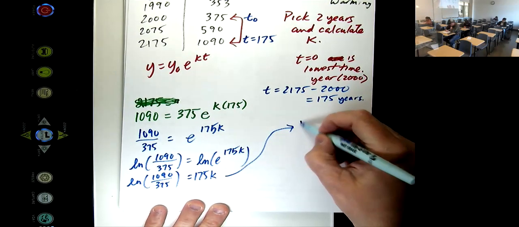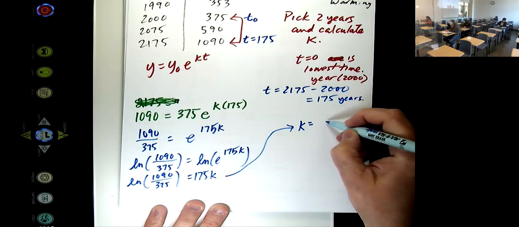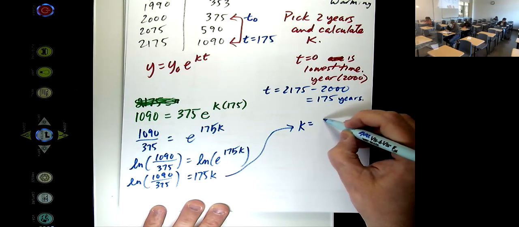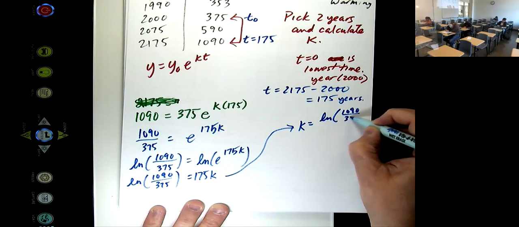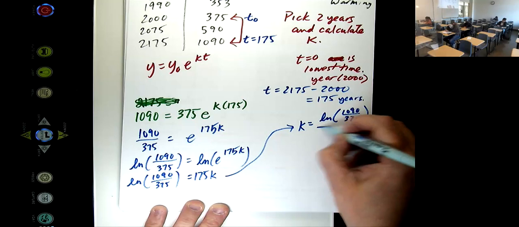I'm going to get k equals the natural log of 1090 over 375, divided by 175.